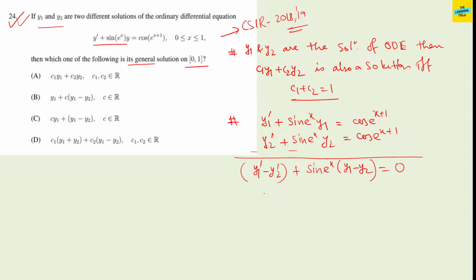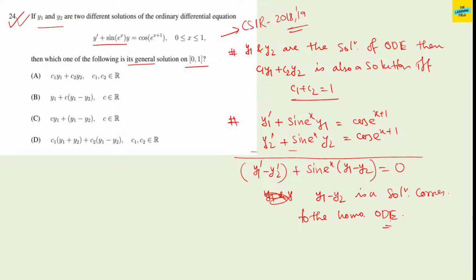That means y1 minus y2 is a solution corresponding to the homogeneous ODE.